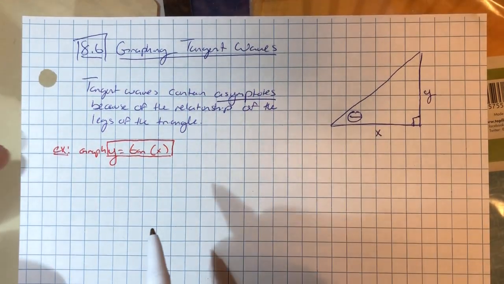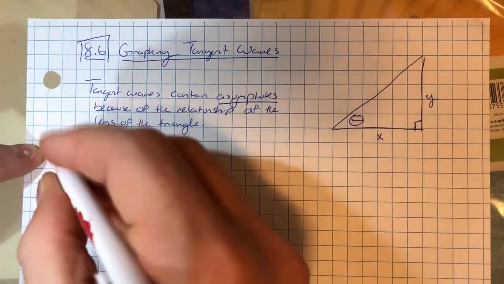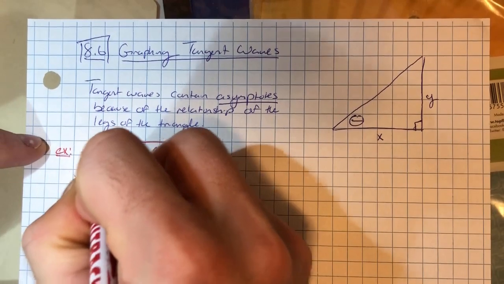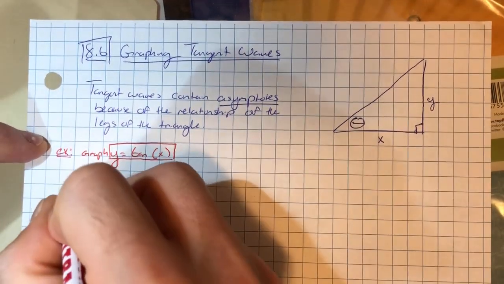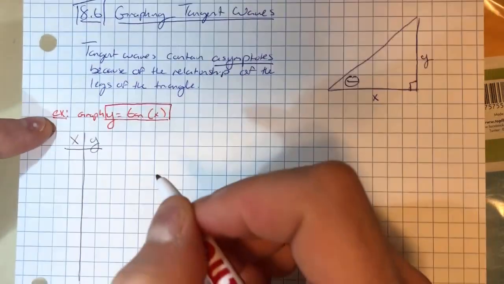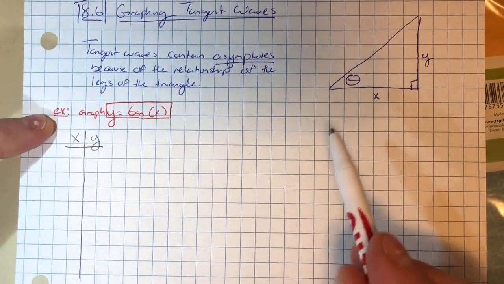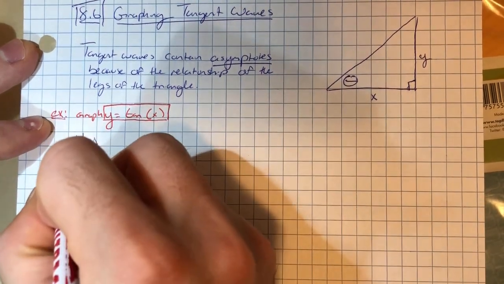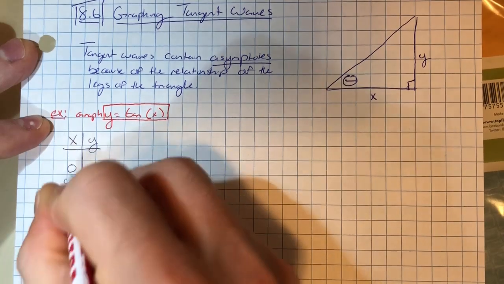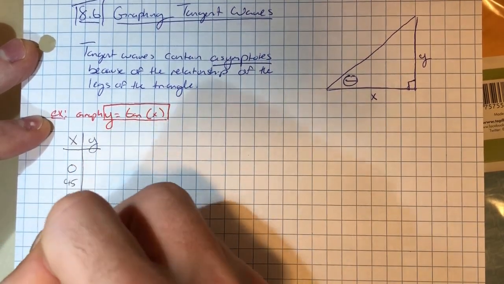Okay, so when we're graphing y equals the tangent of x, our first job is we're going to build an xy table. So x, y. And we're going to start our first table. Now, we've got a couple special relationships, so let's do the fastest one, kind of like what we did in the last section, where I go through 0, 45, and 90, and just every unit of 45.